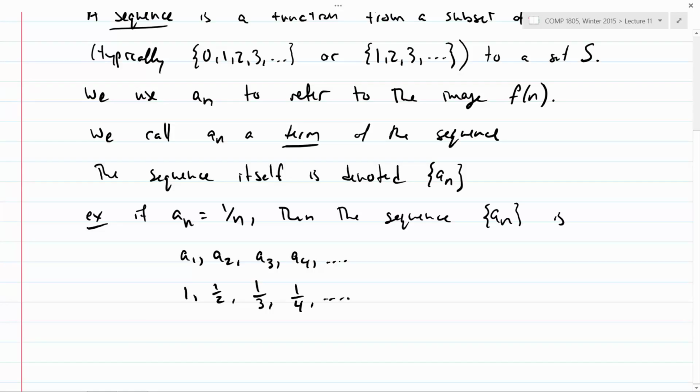Right? It's just a bunch of numbers in order. And order means they're coming from this subset of the integers, in this case, the positive integers.